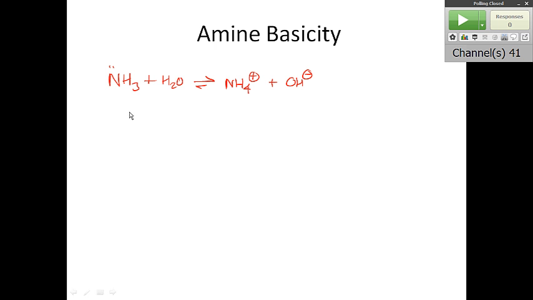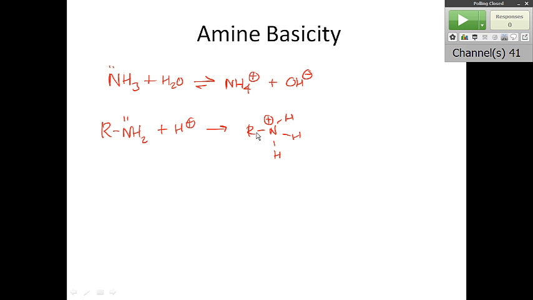The only difference between ammonia and a primary amine is simply adding an alkyl group. So you're going to have similar properties, meaning that the nitrogen could pick up a proton and then become an ammonium, what we call an ammonium salt. This would be an alkyl ammonium salt.